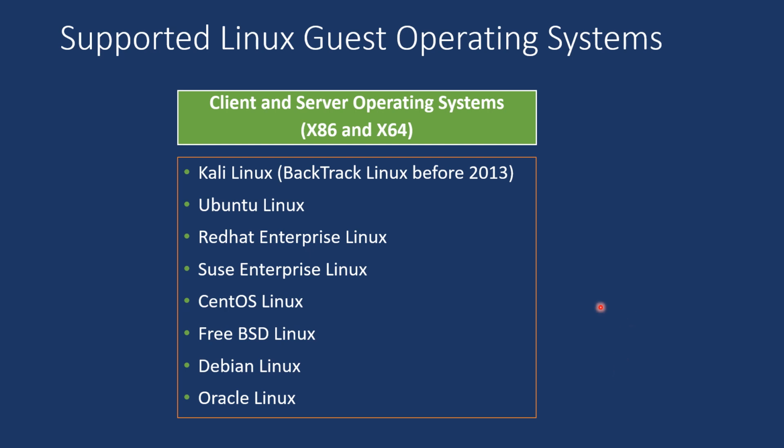You see Kali or BackTrack, and Ubuntu, Red Hat, SUSE, CentOS, FreeBSD, Debian, Oracle. All these Linux operating systems, you can install in a virtual machine on top of Hyper-V. So very interesting. Myself, I use it a lot of the time to test, for example, some operating systems, whether Windows or Linux.